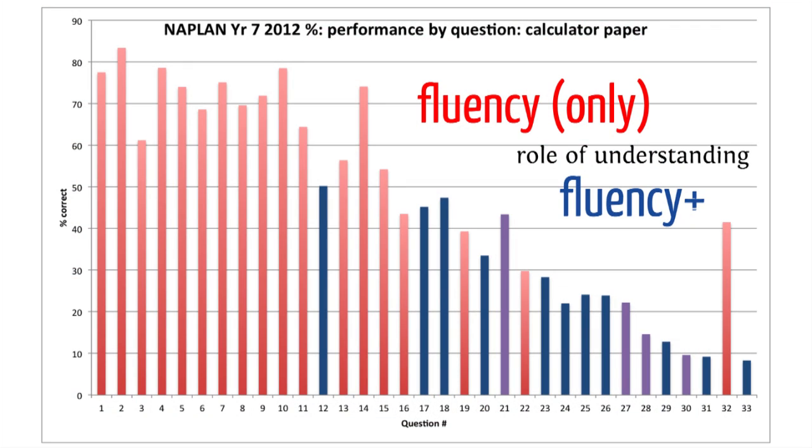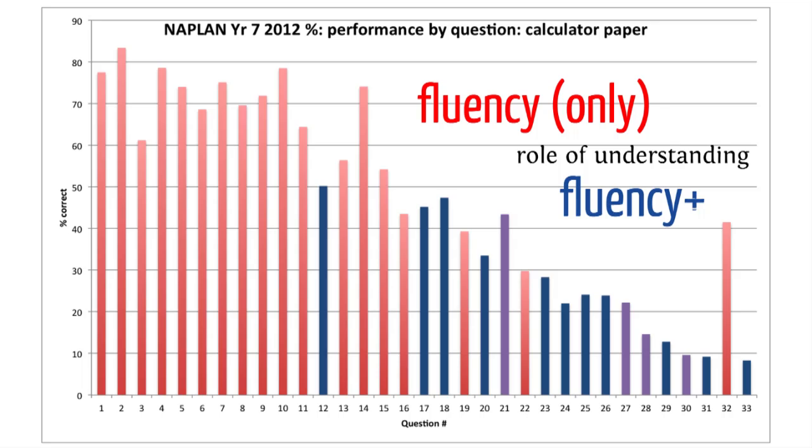Time and again when you do this, what you see is the same sort of pattern. Exactly as you'd expect, we're seeing here the paper going from question 1 on the left-hand side through to question 33 on the right-hand side. And as we go from 1 to 33, the proportion of students who answer the question correctly is going down.